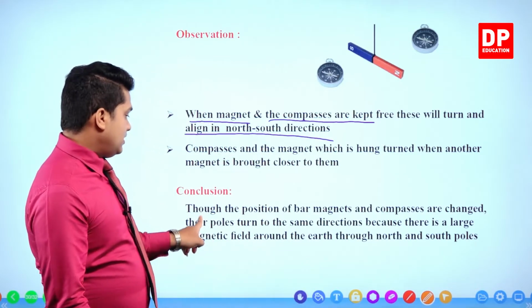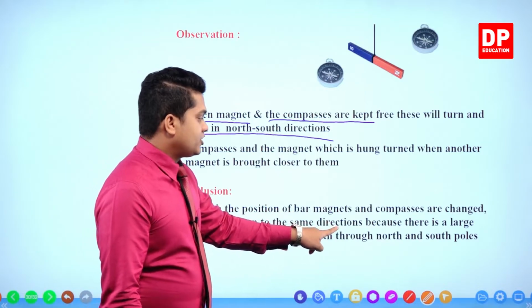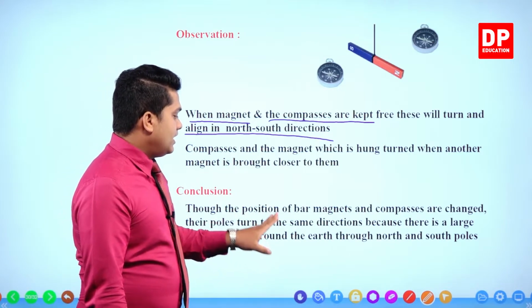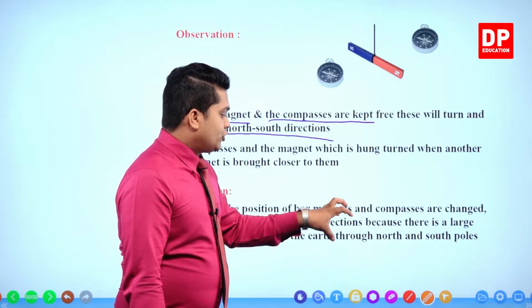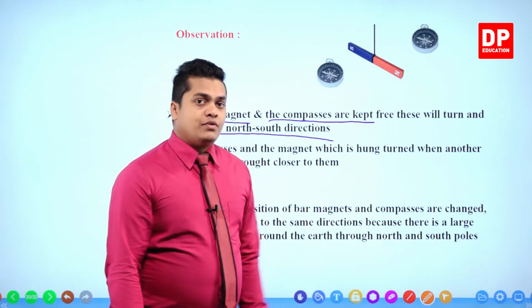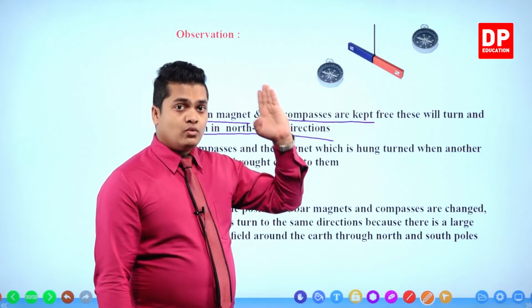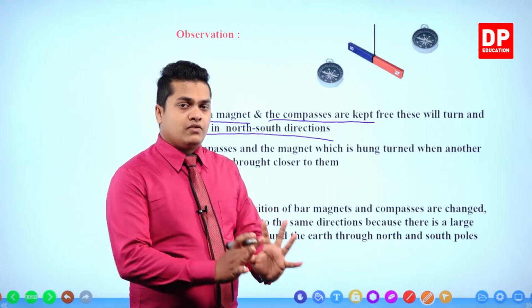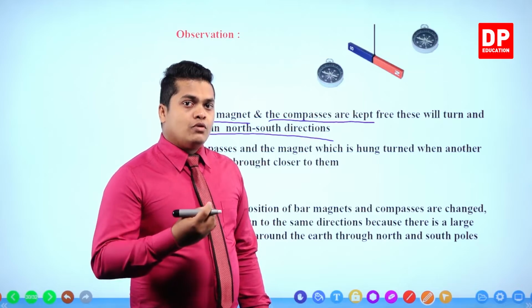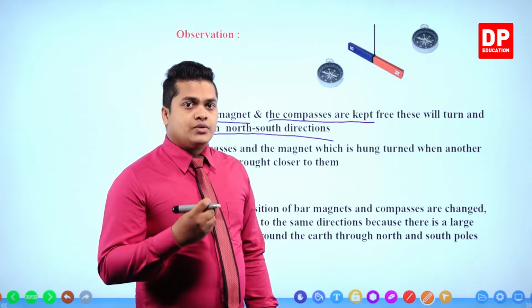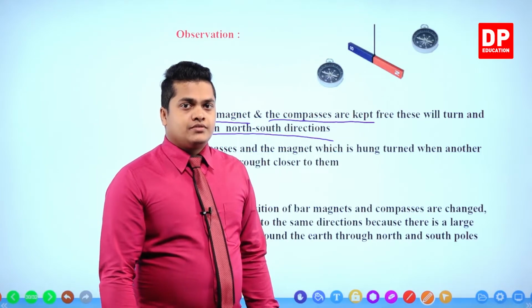What happens? Their poles turn to the same direction because there is a large magnetic field around the Earth through the north and south poles. So no matter what kind of place, these magnets are always going to turn to the north and south directions.